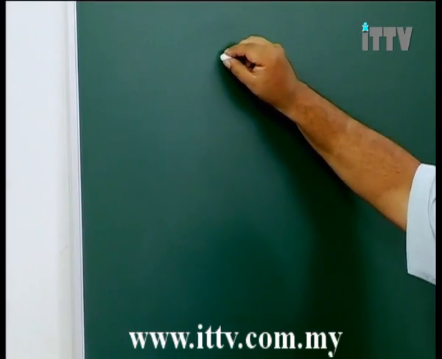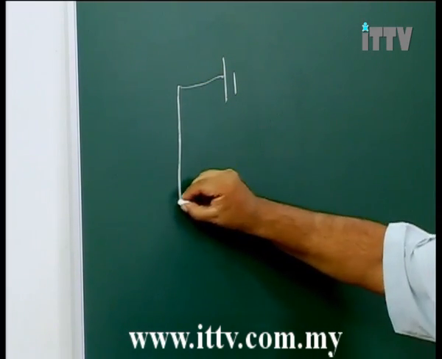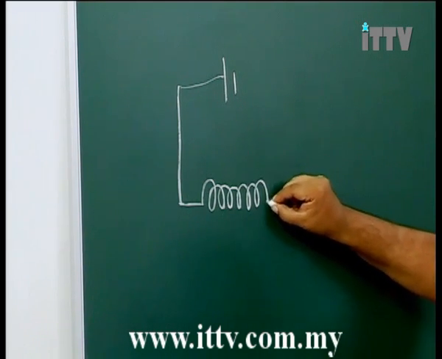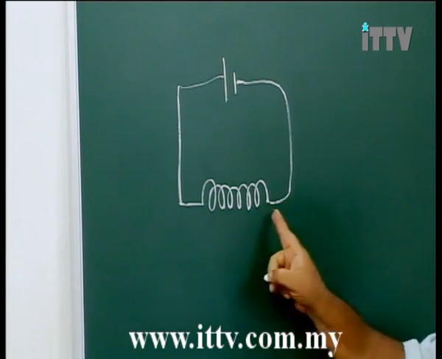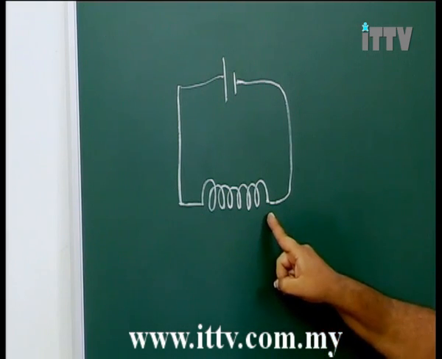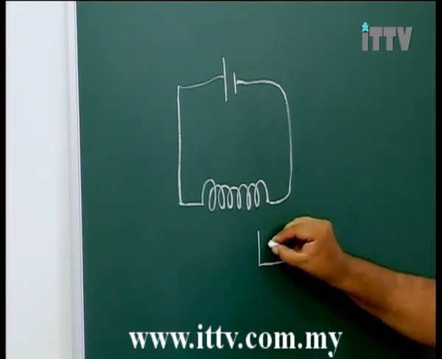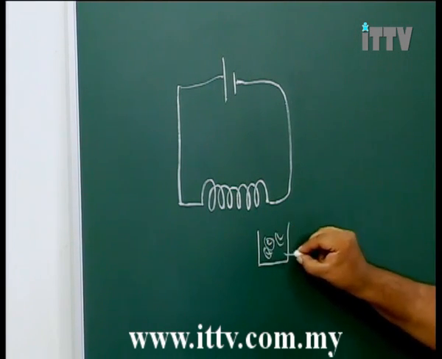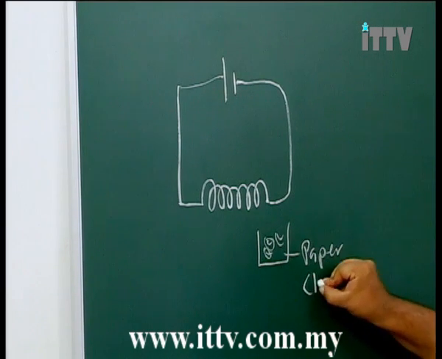So let's imagine that we have a coil like so, which is connected to our power supply. We know that this is an electromagnet. So over here we place our tray with our paper clips. So these are the paper clips.